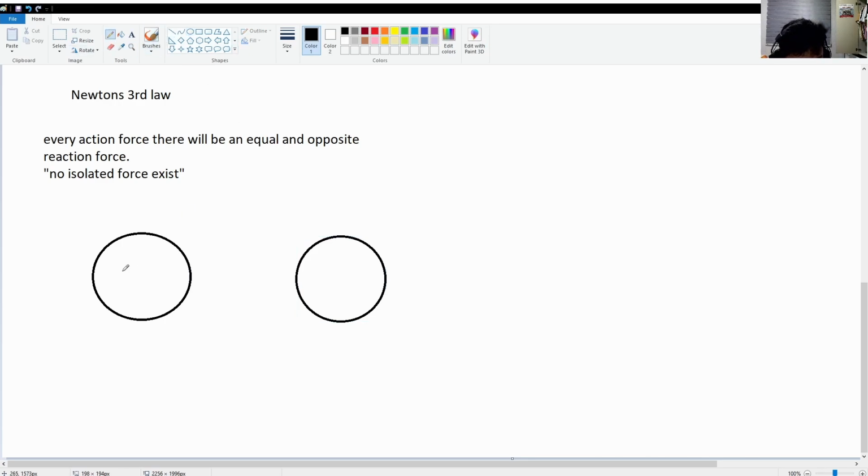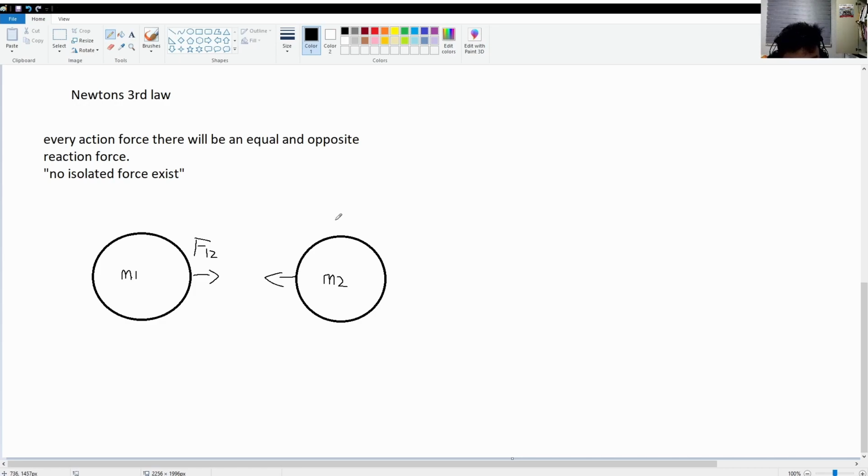M1 and M2. And they're just floating. Is there any force between these two? The answer is yes. Just pretend it's a planet and they're attached together by gravity. There's a force F12, which is the force on 1 due to 2.